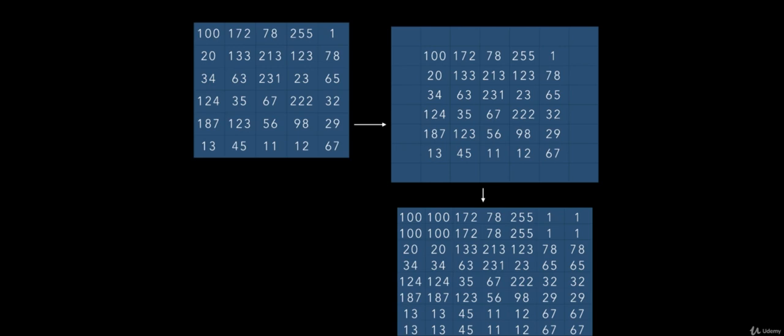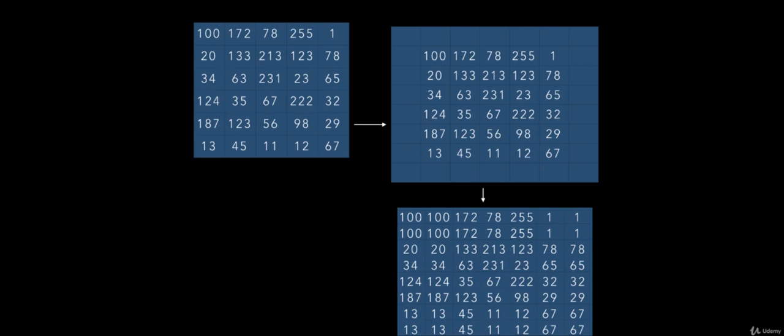So for example, the top left we fill with 100, the top right we fill with 1 because the nearest value is 1, the bottom right we fill with 67 because the nearest value is 67, and the bottom left we fill with the value of 13, and for the remaining cells we just copy the edge rows to the corresponding blank rows that we just added.